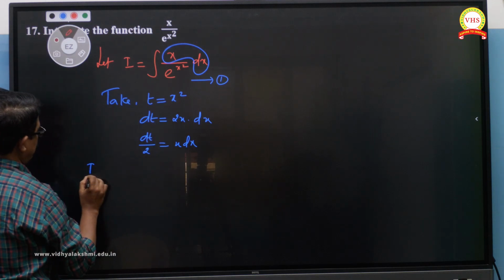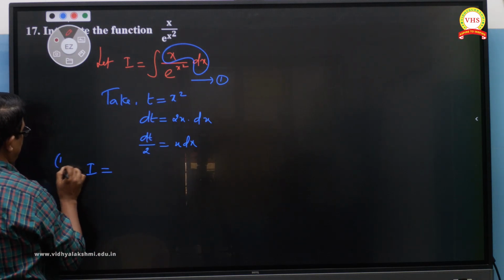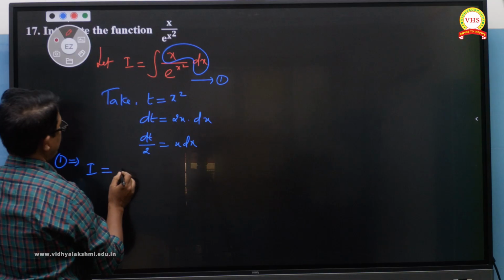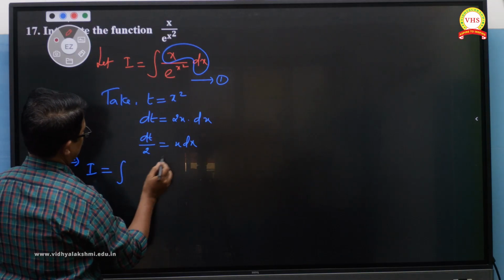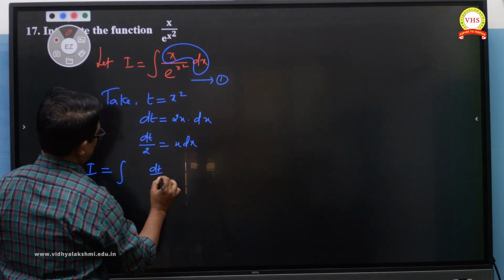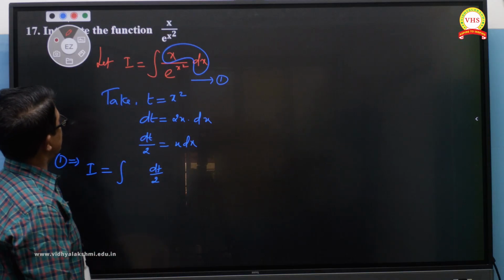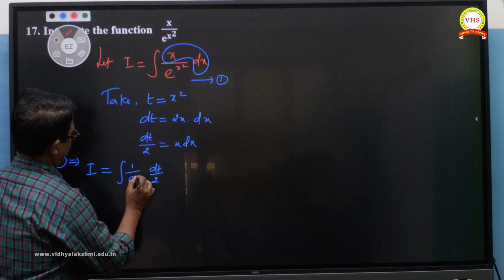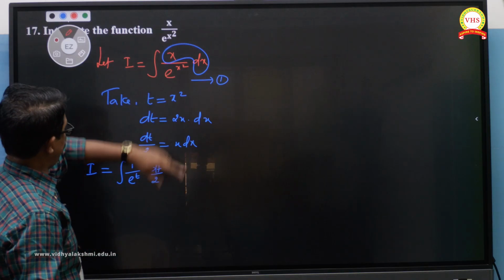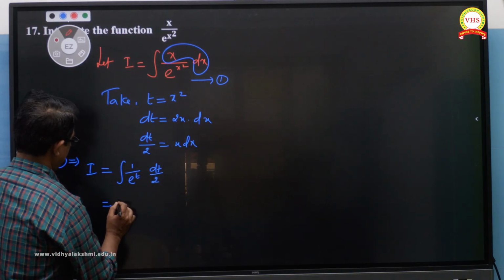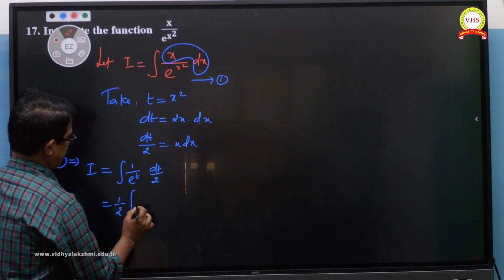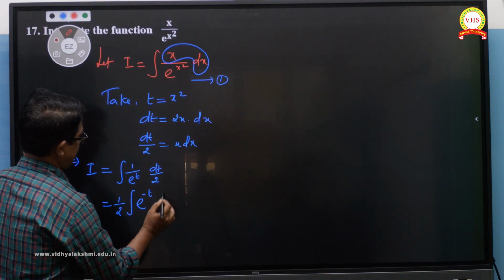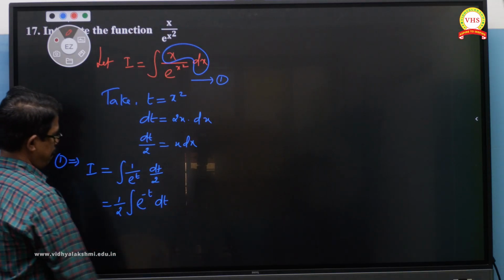Now equation 1 becomes I equal to the integral of dt by 2, the value of x dx, correct? And then 1 by e power t, because the denominator is an exponential function. That is equal to 1 by 2 into the integral of e power minus t into dt.